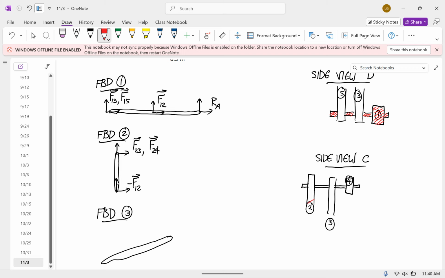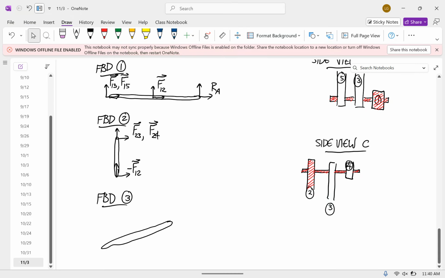That pin is part of member 2. And so that is the joint up in the upper right. So you can see that touching member 3 is only member 2, only that pin. Number 4 isn't touching it. So here we only have negative F23.